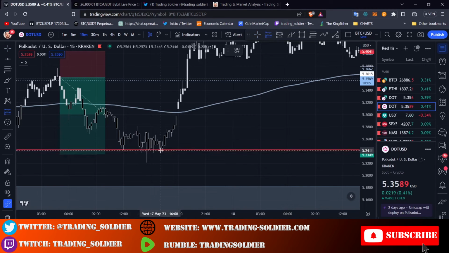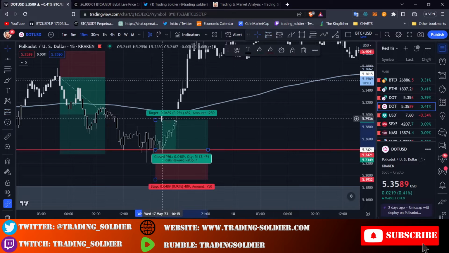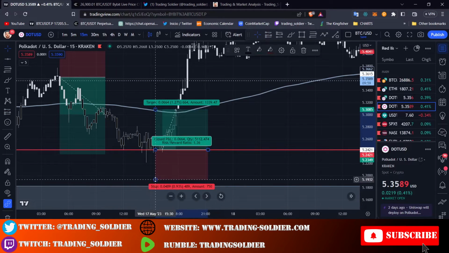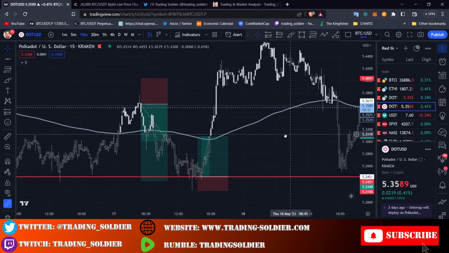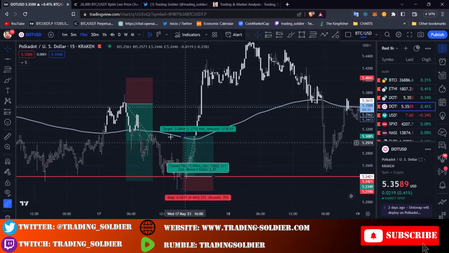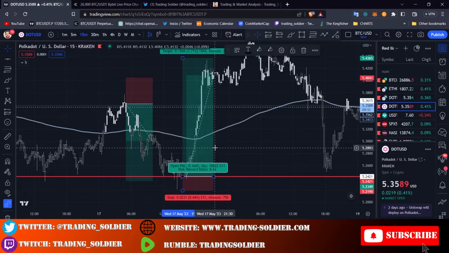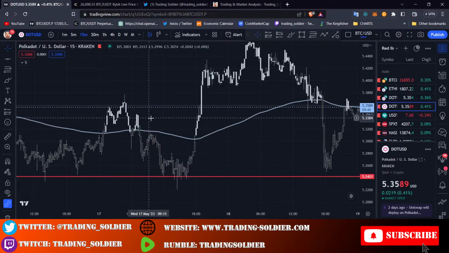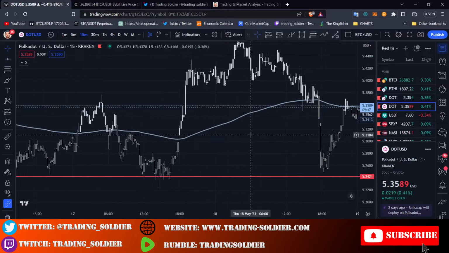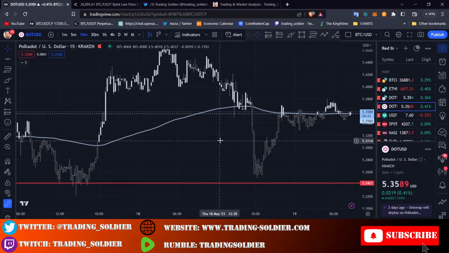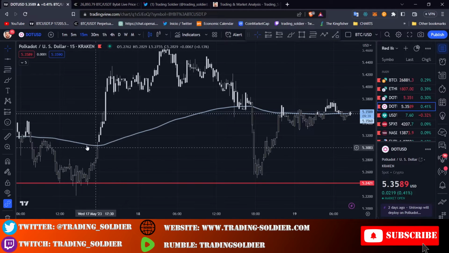So we are going for a long trade, and for example, we can target the 200 EMA, okay? But as you see, the price bounces hard, and we can also get more profits. So the base of this strategy, as I said, is using the EMA as a support and resistance level, because EMA is always calculated based on the price.